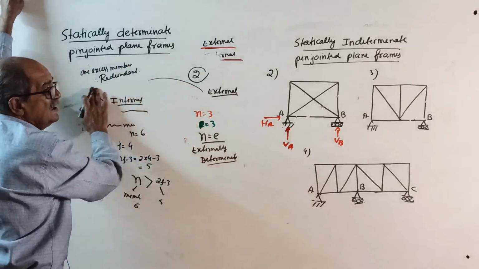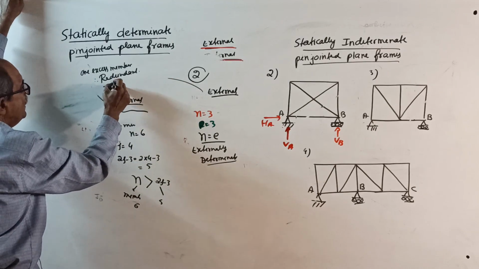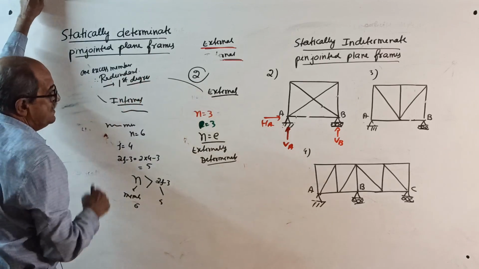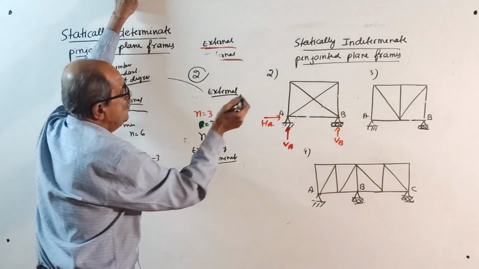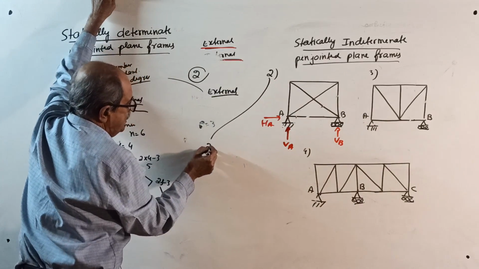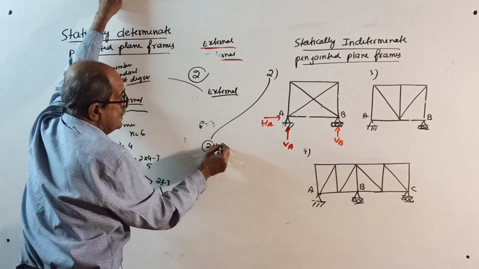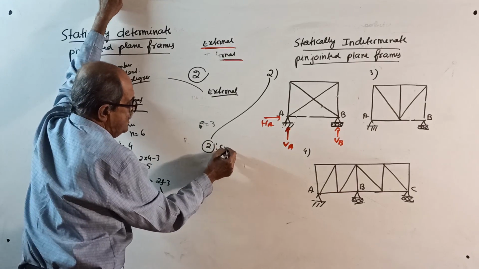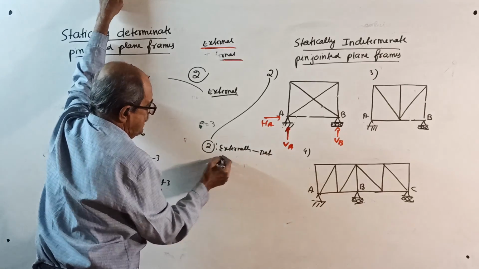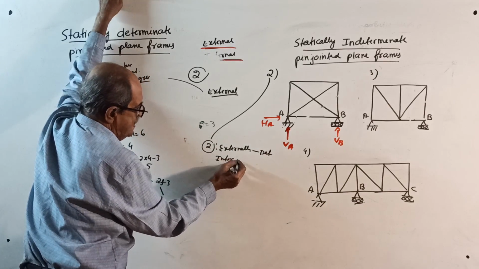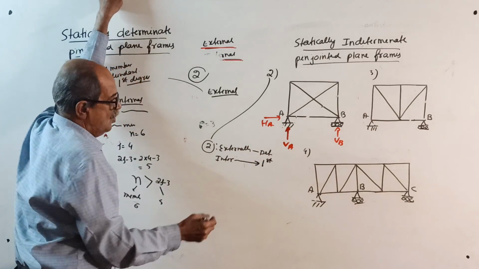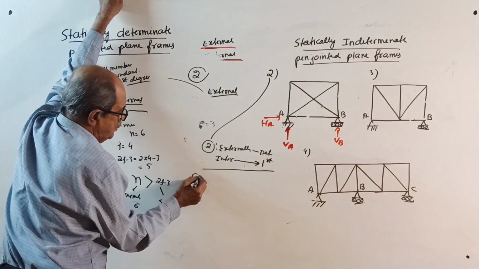You will know about redundancy later. It is called first degree. First degree means redundant. Therefore, make a note here: your figure 2 is externally determinate, internally indeterminate to first degree.